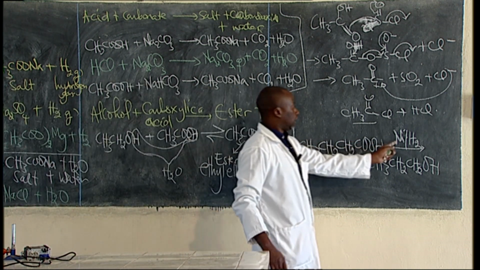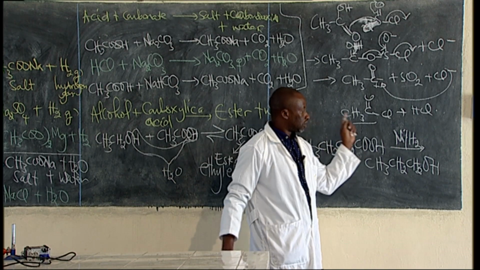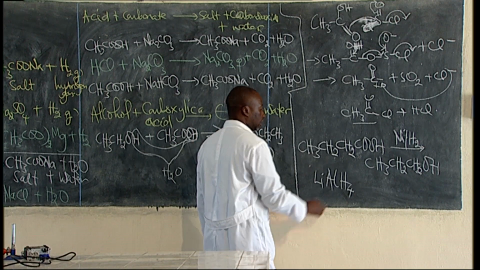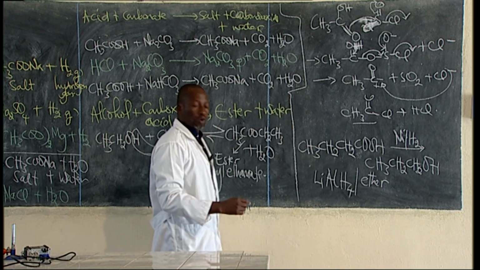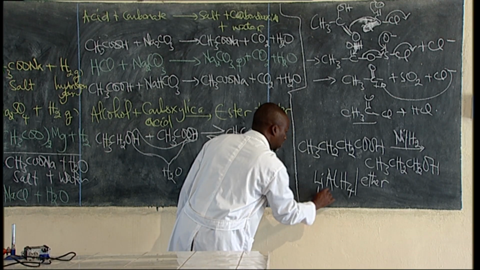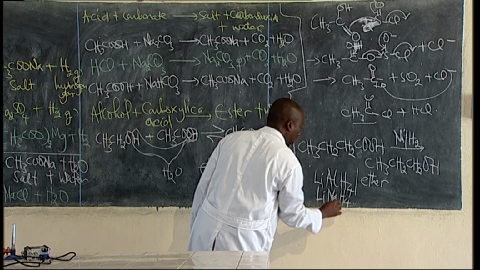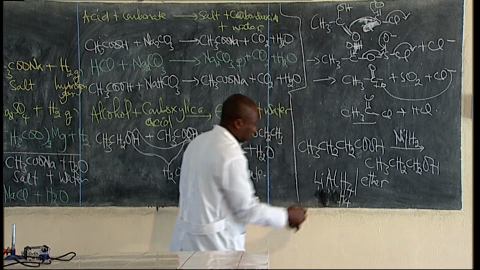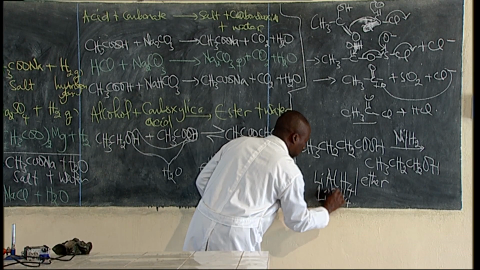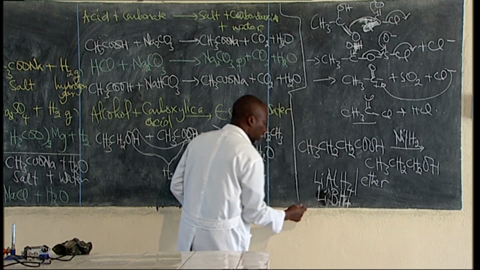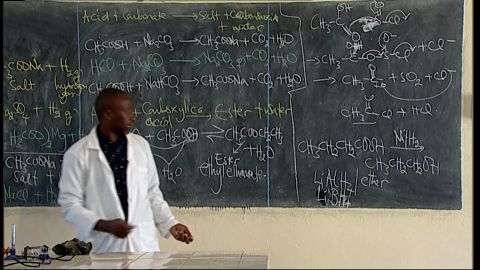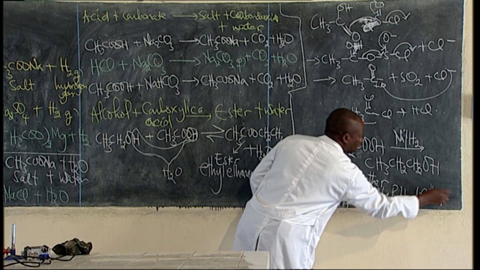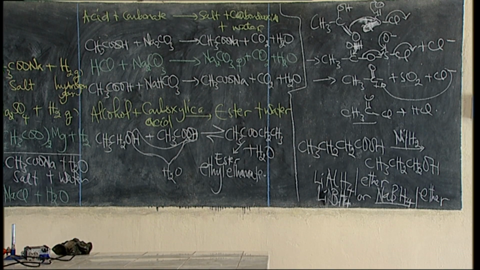So instead of using nickel and hydrogen, you can as well use lithium aluminum hydride in the presence of ether, or you can use lithium borohydride, or sodium borohydride, also in the presence of ether. These are other reducing agents that can be used.